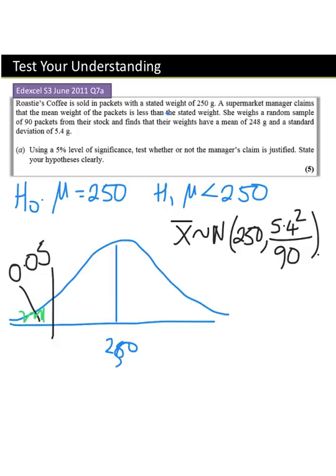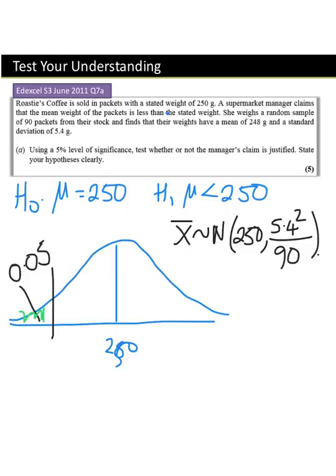The standard deviation is going to be 5.4 over √90, and the mean is 250.